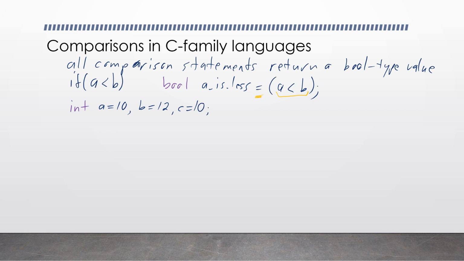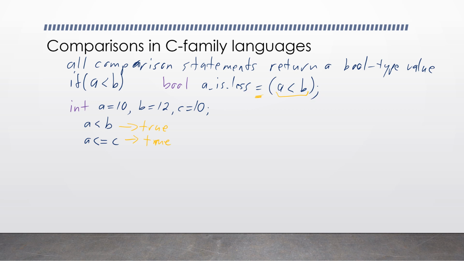Okay, if we look at the expression A less than B, A is in fact less than B, so that's going to return a value of true. If we look at A less than or equal to C, A equals C, so that also returns a true value.